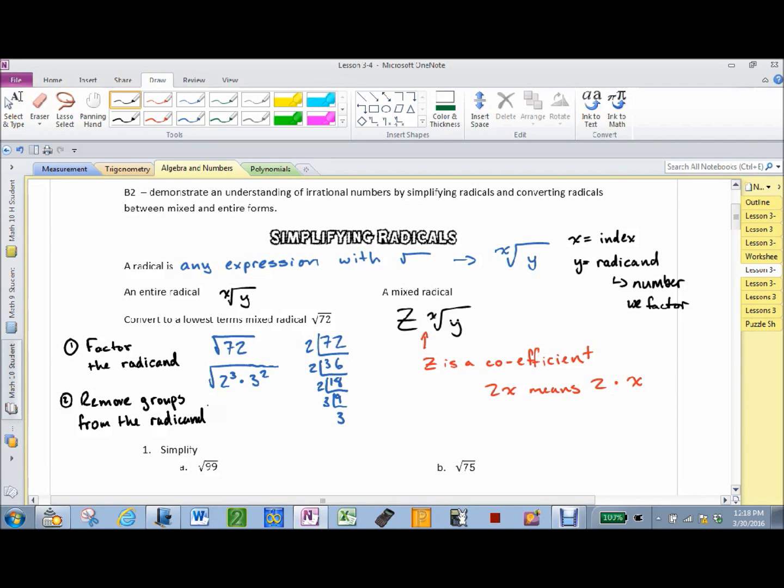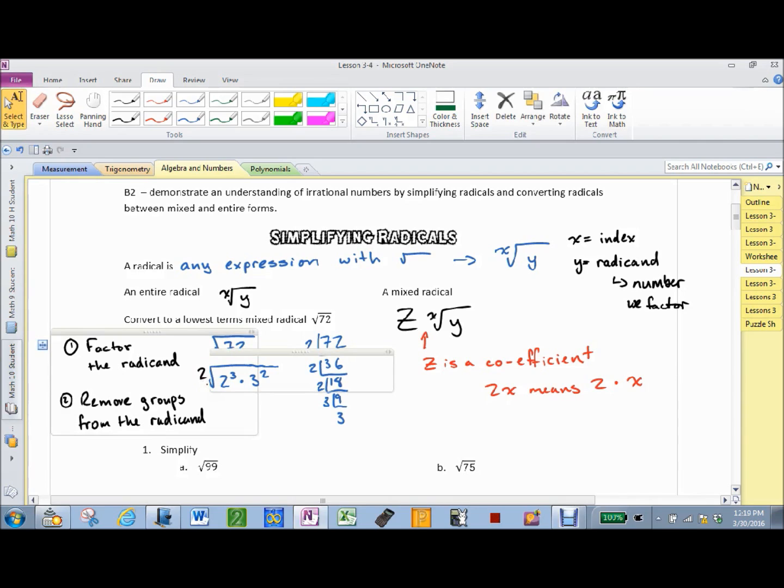We got to think about that. Which number in a radical tells me how big a group of factors I'm looking for? The index. Absolutely. I haven't written an index here. So what is the index? 2.